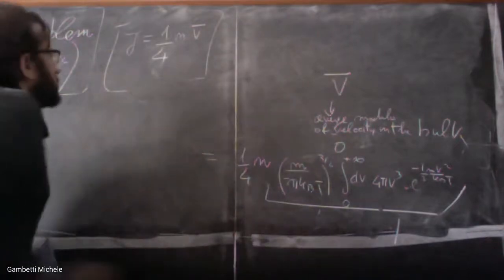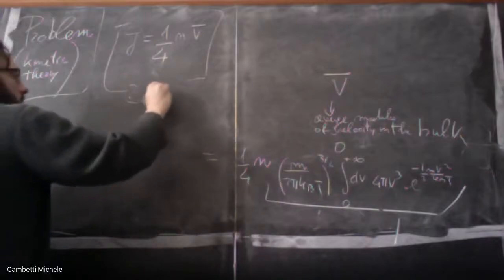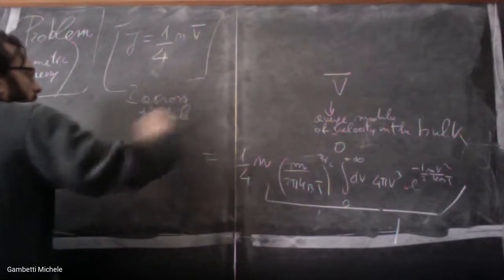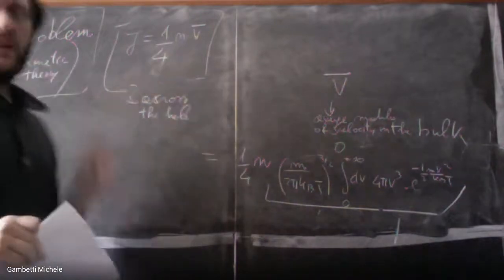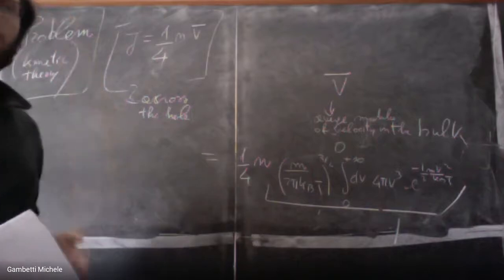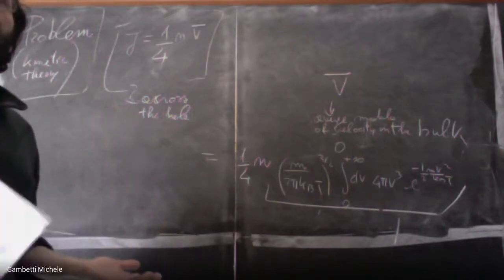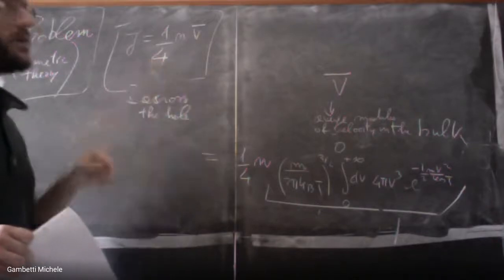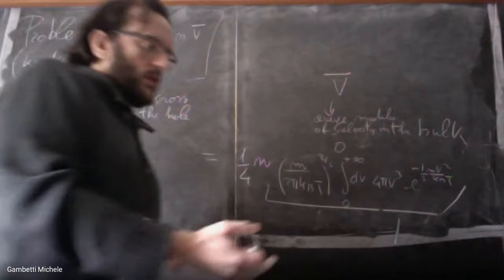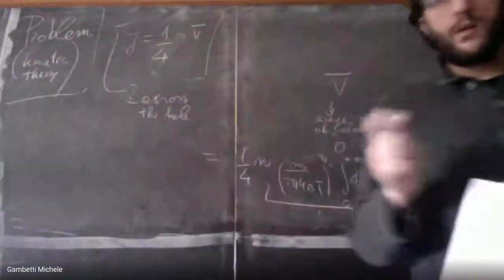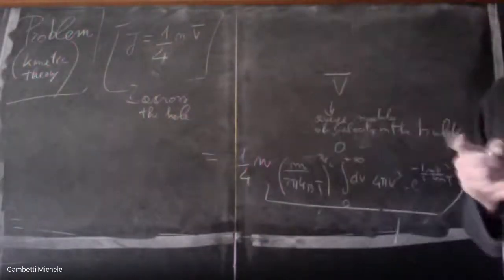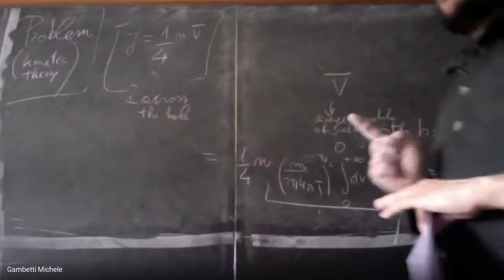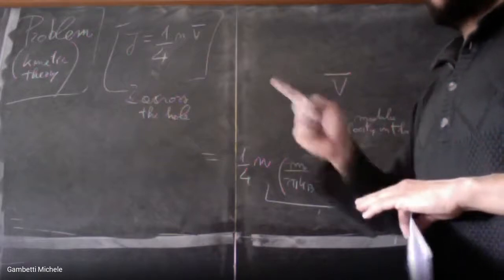Okay, so across the hole. Now, the only difference with respect to the case of a large hole in which I have diffusion is the factor of 1/4, because this factor of 1/4 accounts for the situation that the particles must have the correct direction in order to cross the hole.